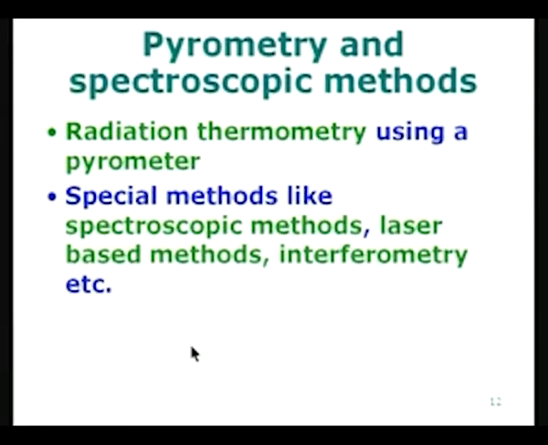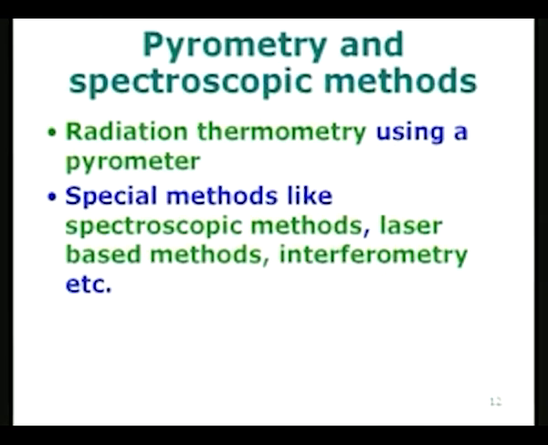If you recall the ITS 90, we said that above the silver point, temperature is measured using the radiation or the black body radiation law, which is basically Planck's radiation function, and a radiation thermometer uses what we call a pyrometer.